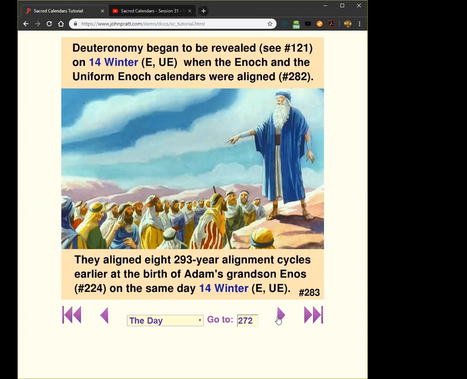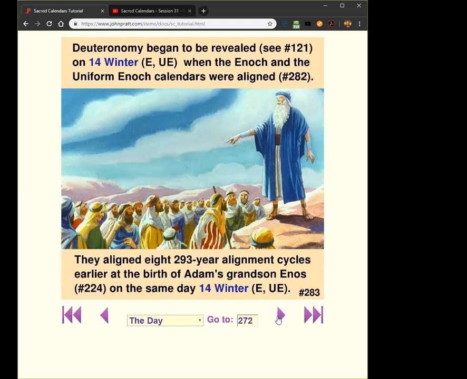But in Deuteronomy, which was given just before they passed over the Jordan into the Promised Land, at the very end of the time in the wilderness, the two were also aligned on 14 winter. I guess I'm just enamored with giving you some examples.